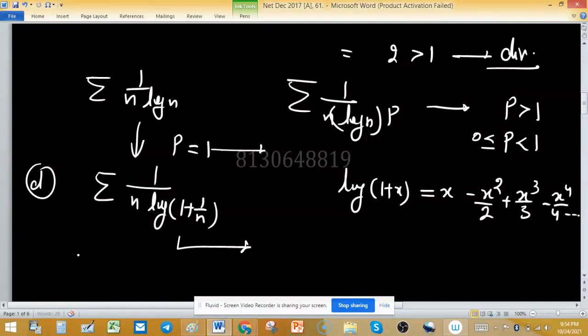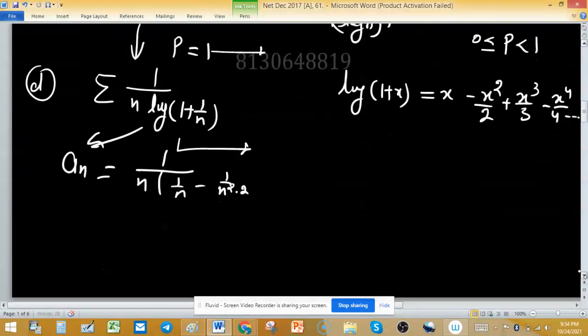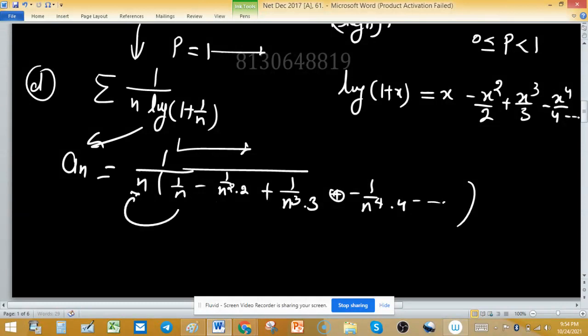Using this expansion, I can write a_n as 1 upon n into 1 upon n minus 1 upon n square into 2 plus 1 upon n cube into 3 minus 1 upon n raised to the power 4 into 4, and so on. And take the common 1 upon n from each term.